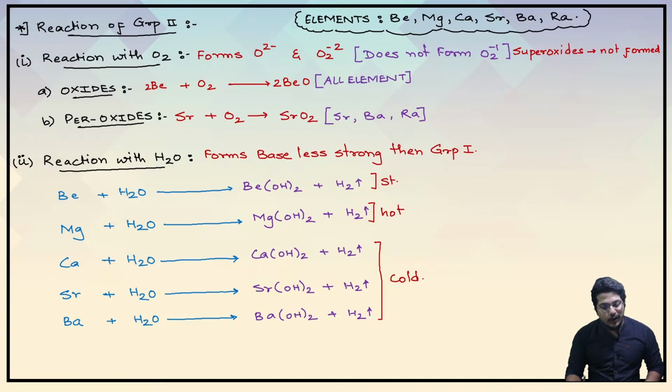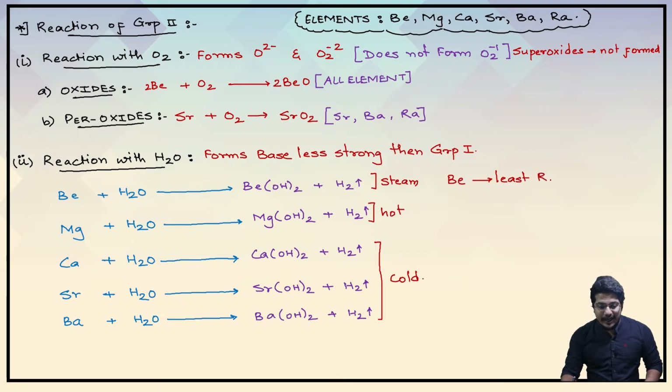So what we need to know is that if you want to make beryllium hydroxide, the reaction would happen at a temperature of 100 degrees Celsius, or the reaction would happen with steam. That means कि तुम्हें बहुत ज़्यादा energy लगेगी. And just check करो, अगर beryllium is requiring a very high amount of energy to react with water, can we say over here that beryllium is least reactive?